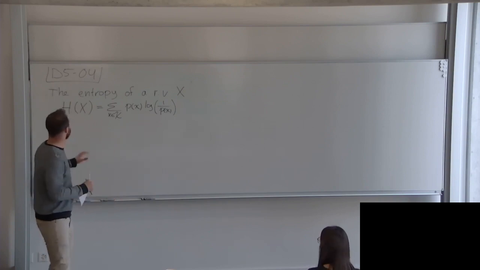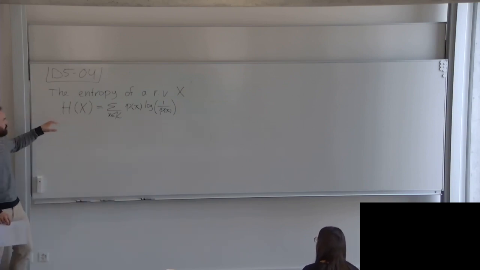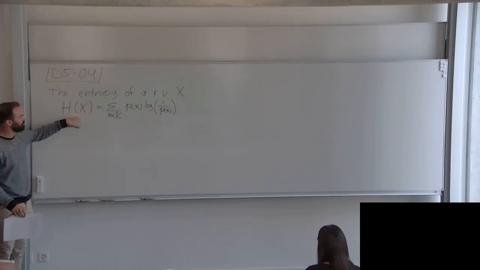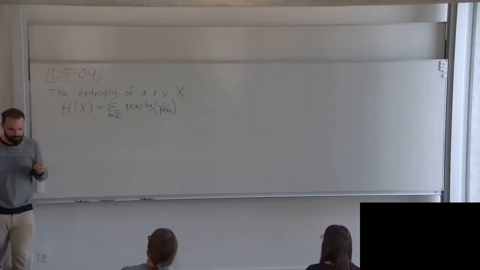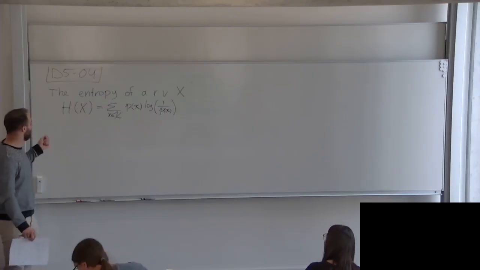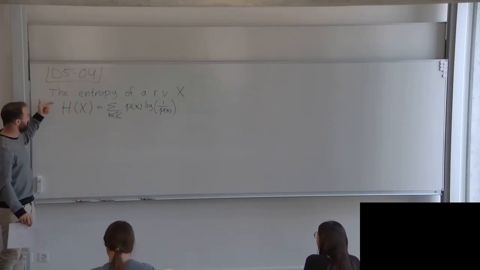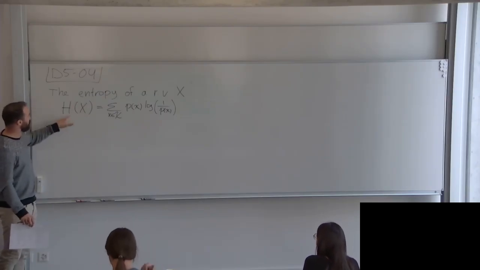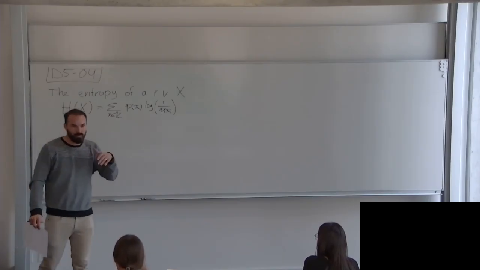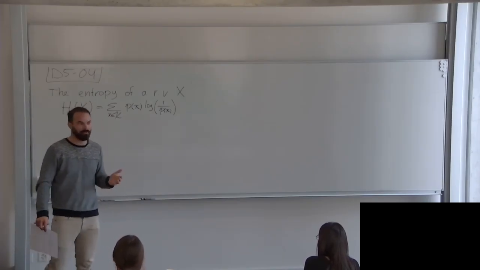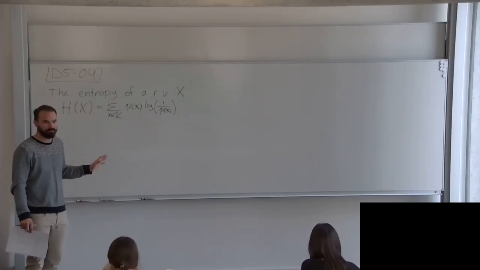Now, maybe I should just mention it, but we are able to exhibit the prefix code for a random variable x with expected length equal to the entropy if the probabilities are inverse powers of 2, like we had in the example.